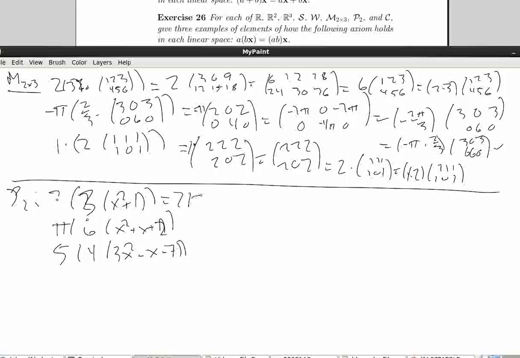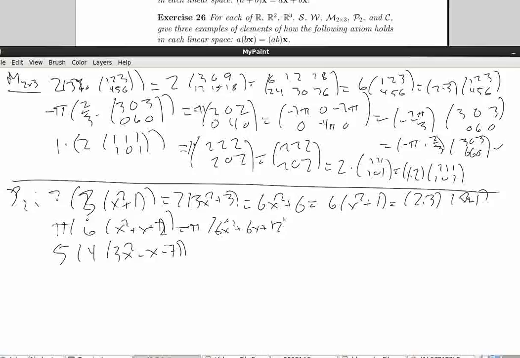Alright, this is equal to 2 times 3x squared plus 3 equals 6x squared plus 6 equals 6 times x squared plus 1 equals 2 times 3 times x squared plus 1. Then pi times 6x squared plus 6x plus 12 equals 6 pi x squared plus 6 pi x plus 12 pi.